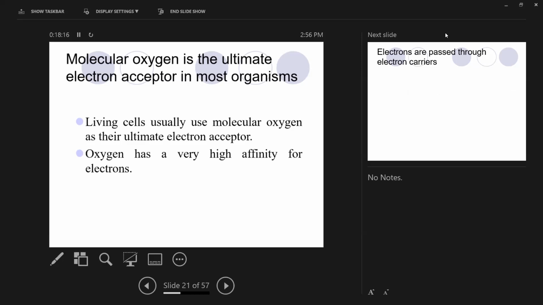Now, oxygen is a good molecule to use as a terminal electron acceptor. Why? It's as greedy as the day is long for electrons. I mean, this is the Gordon Gekko of electrons. You guys have no idea what I'm talking about. The movie Wall Street with Michael Douglas, he plays Gordon Gekko. He gives that speech, greed is good.